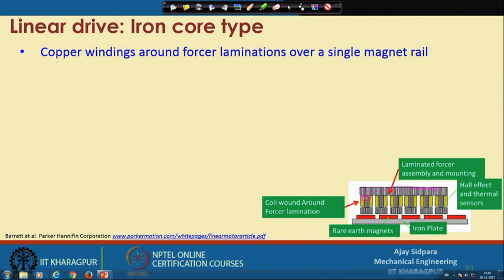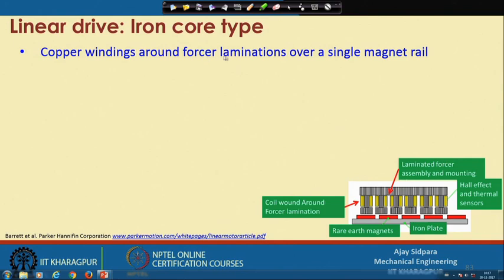These coils are wound this way, correct, and these are the rare earth magnets. This is the iron plate, and some sensors are used for position sensing or current sensing, that is Hall effect, and the thermal sensor. We require thermal sensors because by applying very high electrical current you may get a heating effect. So, we have to reduce that heating effect for continuous and smooth motion, right.